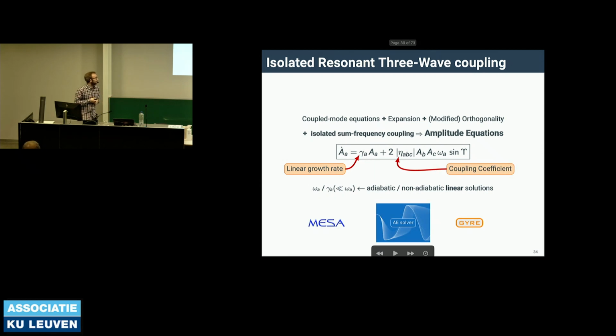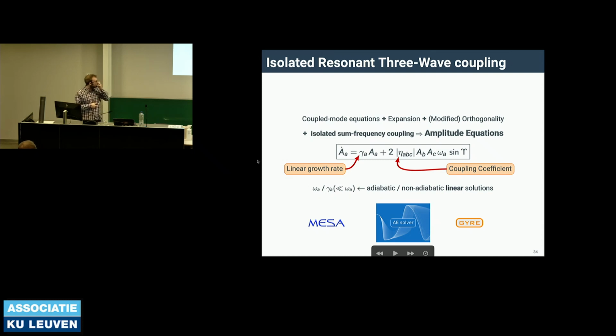So enter the nonlinear first quadratic approximation. Well, then we have a term that can counteract this linear effect, and then we have a specific coupling coefficient that gives a measure of how efficient energy is shared between these modes, or how efficient the energy is transferred between the modes, and then we can use that to get some more information on how amplitudes are limited.